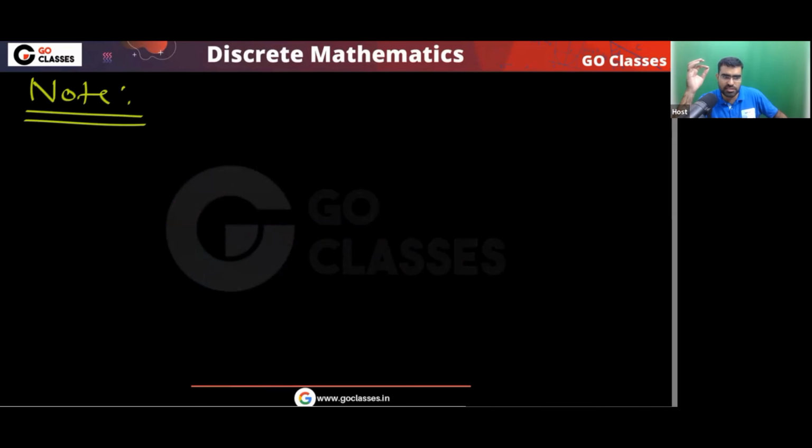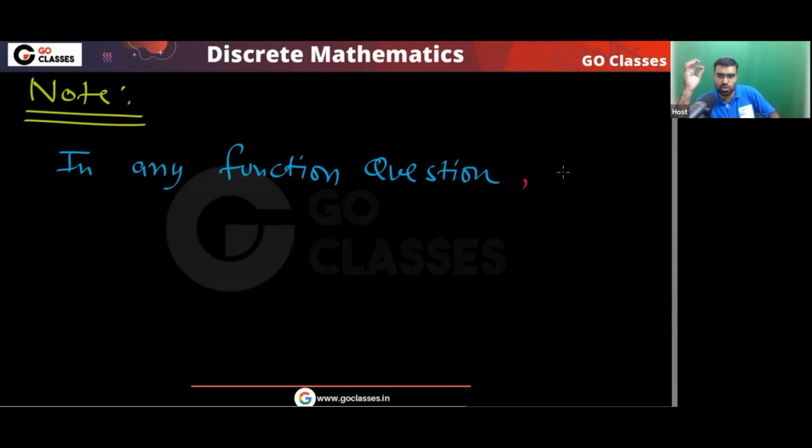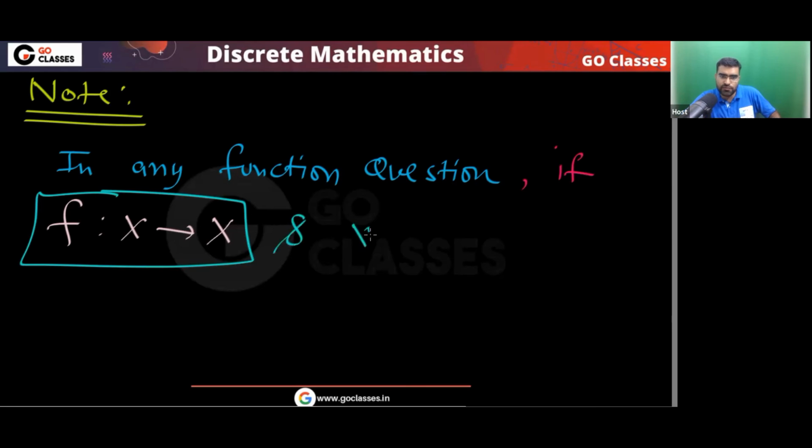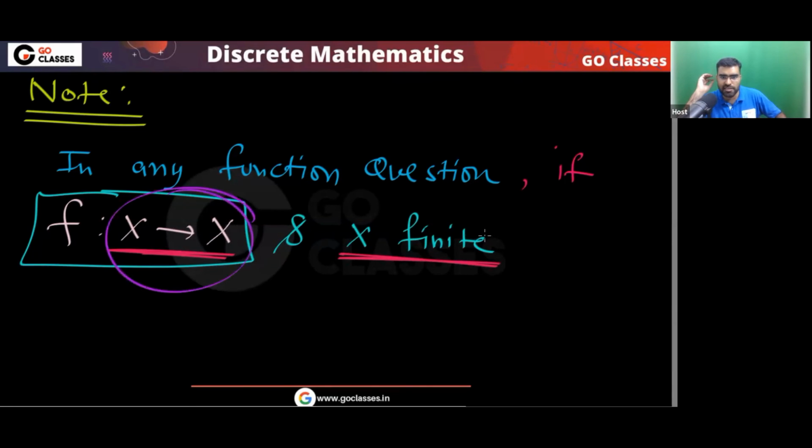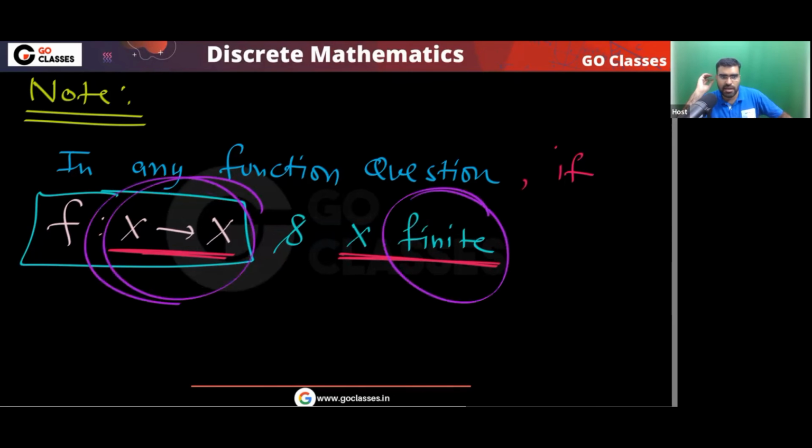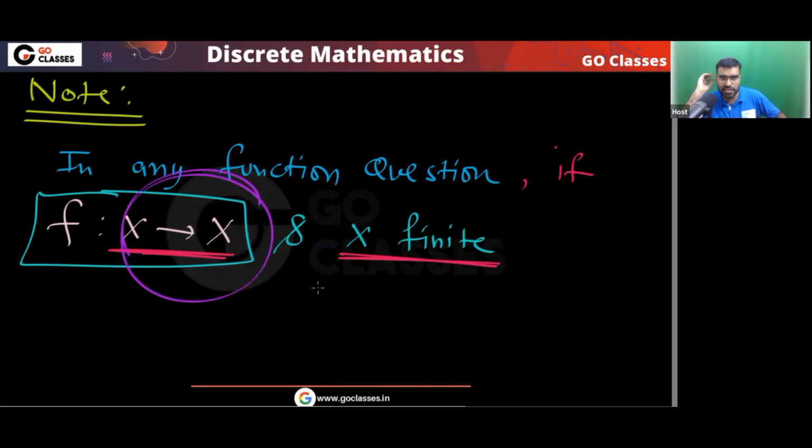In any function question, if you see this combo, a function from X to X with X finite, meaning they have the same cardinality and X is finite, immediately what should come to your mind?